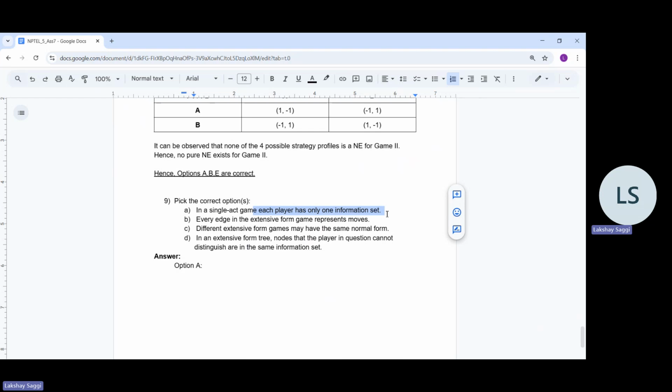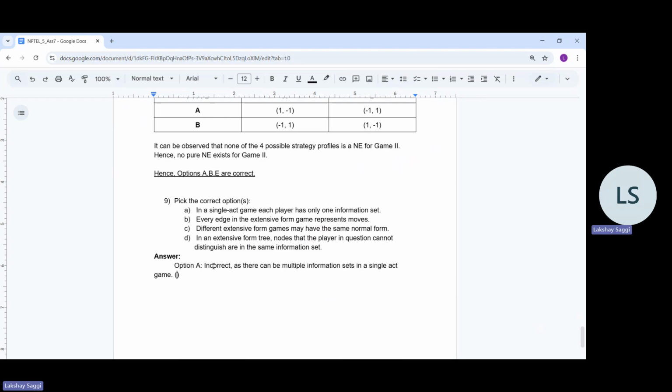In a single act game, you can have a game with perfect information, right? Where every player knows what the other players have played. So now there will be multiple information sets. So this is incorrect, as there can be multiple information sets in a single act game.